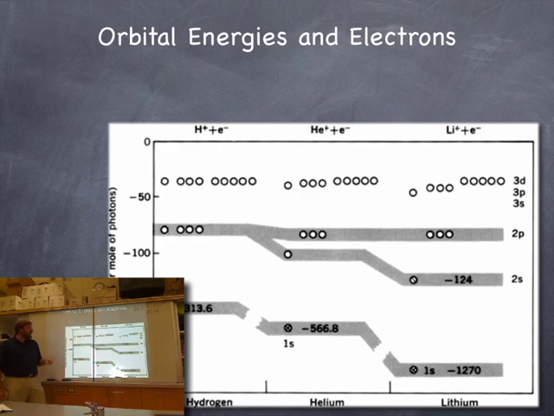Now let's look at helium. Okay? How many electrons does helium have? 2 electrons. So adding an electron causes a split in the energy levels. A split within an energy level. The 1s and the 2s are now no longer the exact same energy.